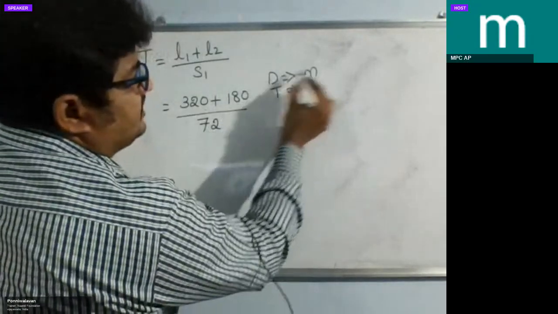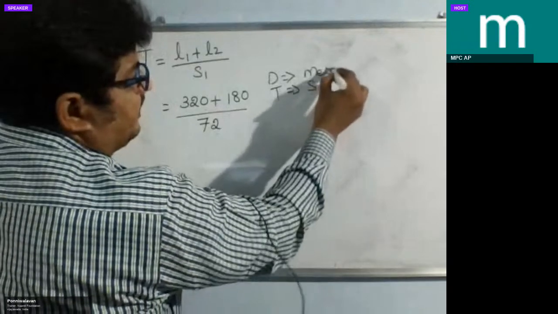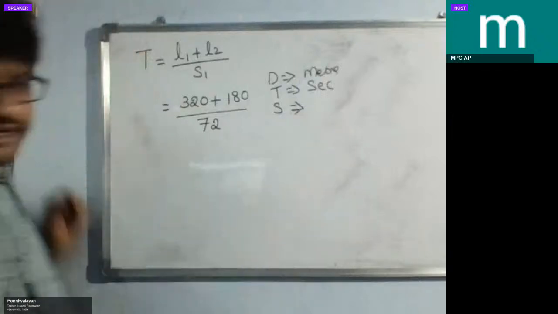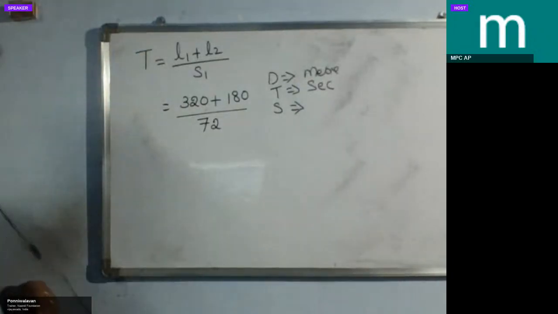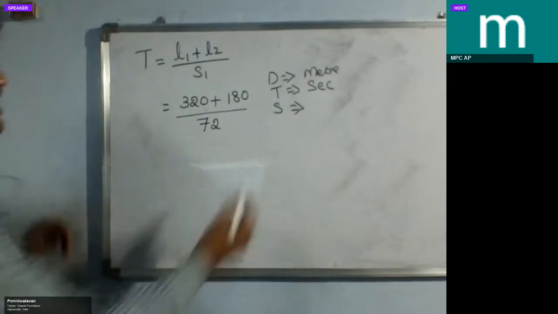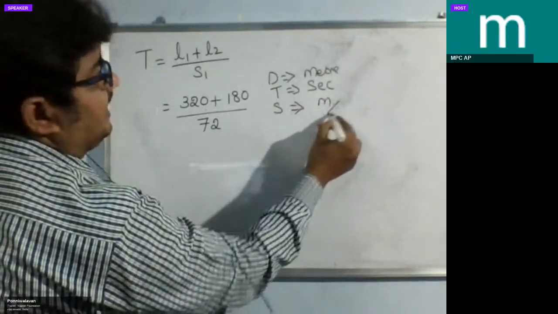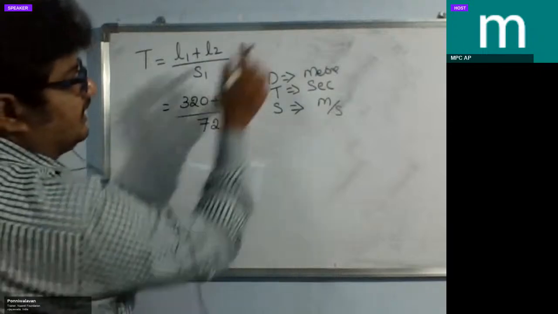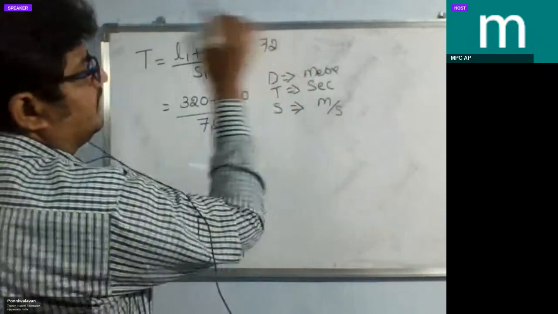If distance is in meters and time is in seconds, now your speed has to be in which unit? Meter per second. But here they are giving 72 in which unit?